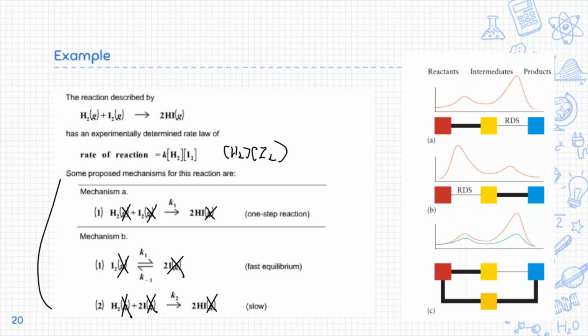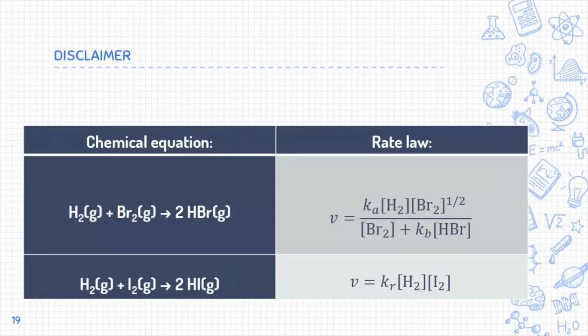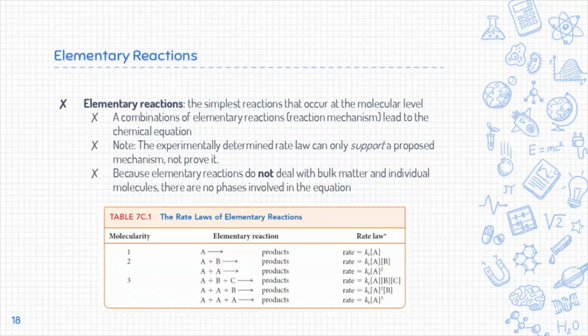And I guess I forgot to mention what molecularity is. That is basically how many molecules are involved in this collision. So in this case, molecularity 1 involves only one molecule.